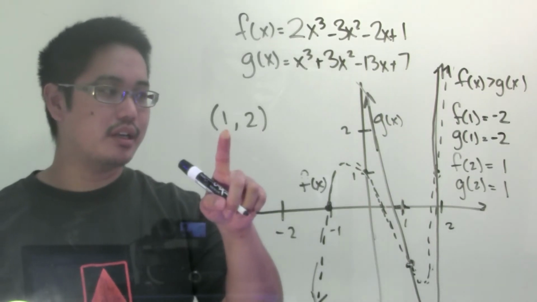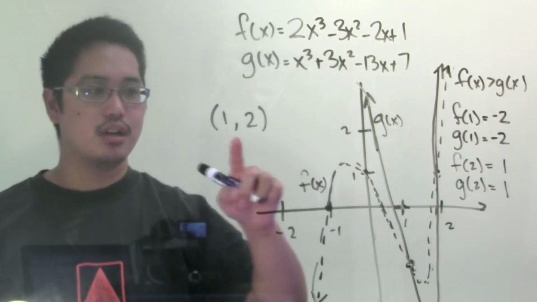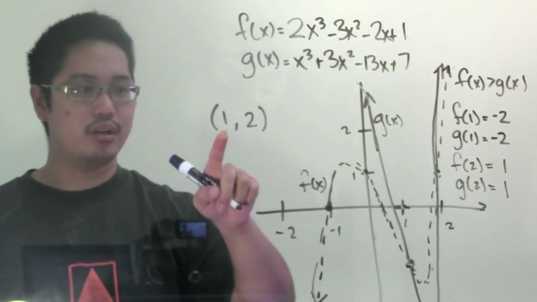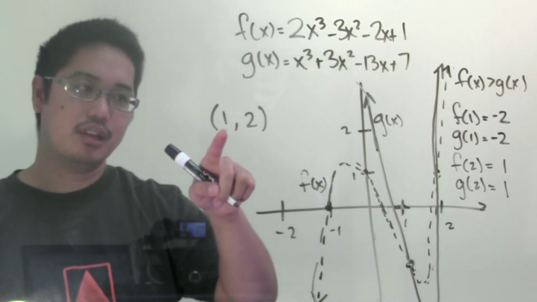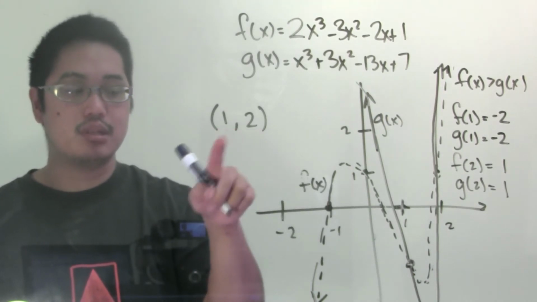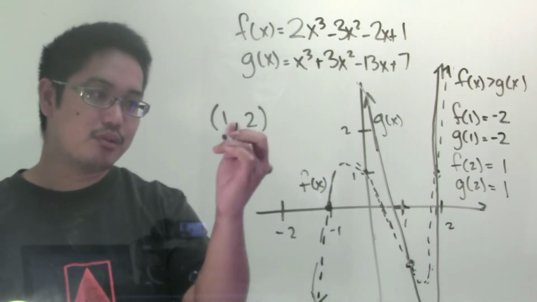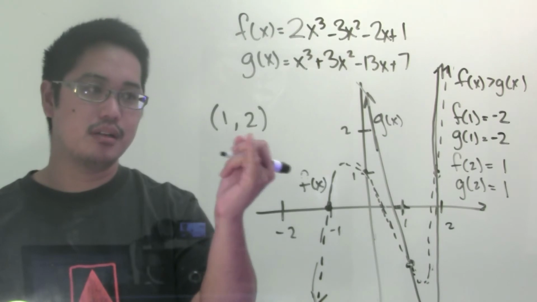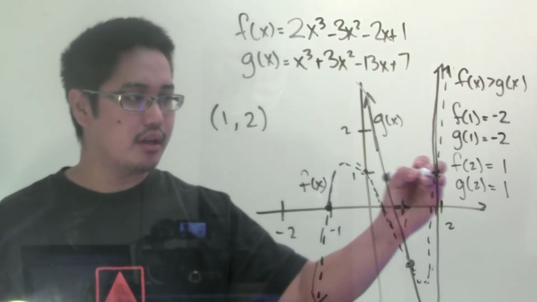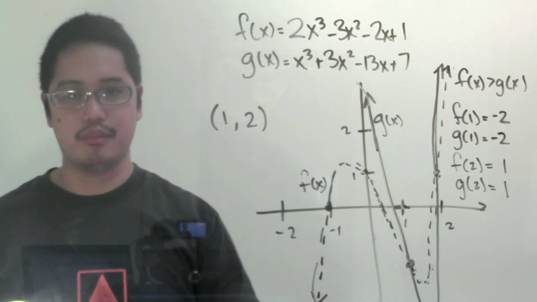At point 1, f of 1 is negative 2 and g of 1 is negative 2, so f of x is not technically bigger than g of x at point 1. That's why it's everything except including 1, and except including 2. But all the numbers in between, like 1.5, 1.75, all the infinite numbers you can fit between these two points, that is where f of x is bigger than g of x. It's like an interval that you're operating between.